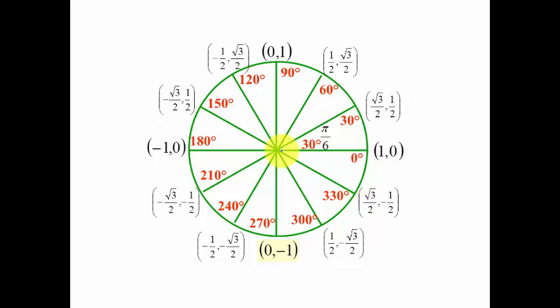As I look at this first one, it's a larger x, smaller y, so I know square root 3 over 2 comes first. If I looked at this one, which is pi over 3, I have a smaller x and a larger y, so I would know that the 1/2 would go first. Just knowing that it's 1/2 and square root 3 over 2, I could very quickly devise any of those that I needed.